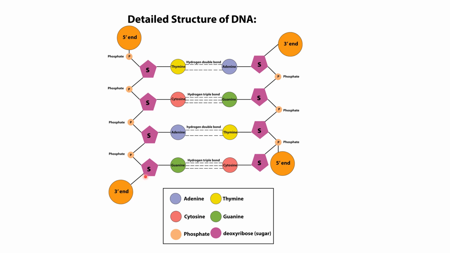But in the next strand, this is the 3' end, and the 5' end comes here, with the phosphate. So when one strand goes from 3' to 5', the other strand goes the opposite way, from 5' to 3'.